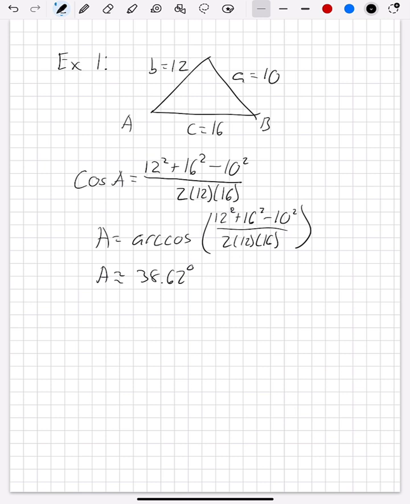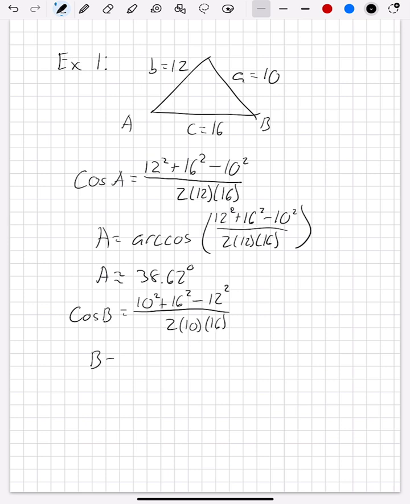To find B, I would follow the same pattern. Cosine of B is A squared, so 10 squared, plus C squared, so 16 squared, minus B squared, so 12 squared, all over 2 times A, which is 10, times C, which is 16.